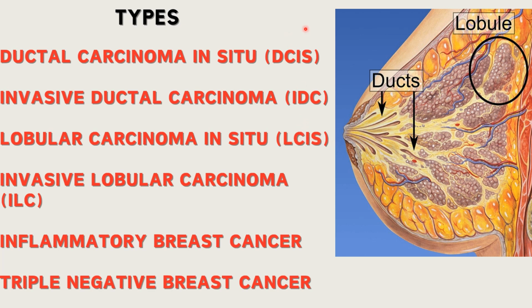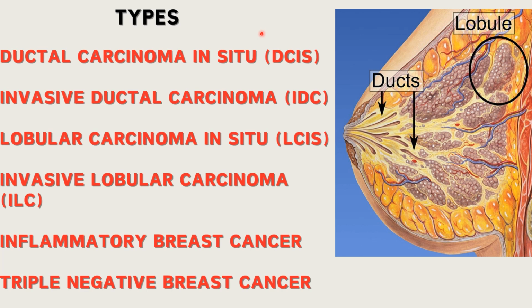Similarly, when we have abnormal growth restricted to the lobules, it is called lobular carcinoma in situ, that is LCIS. And when it spreads to the surrounding tissues, it becomes invasive lobular carcinoma, ILC.